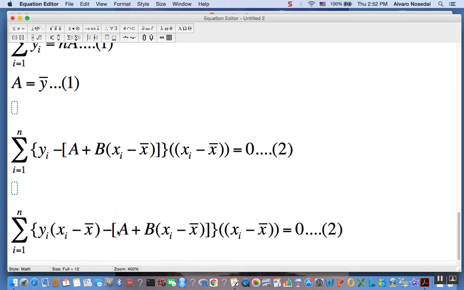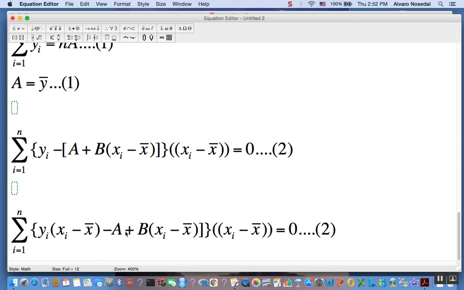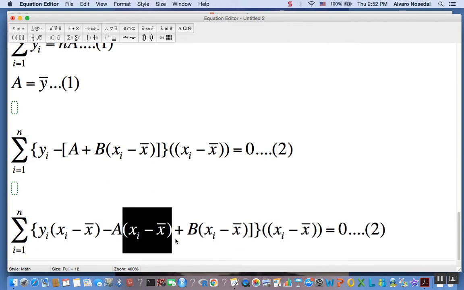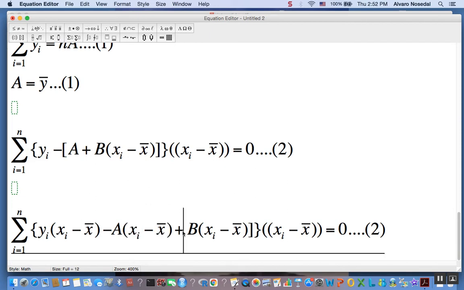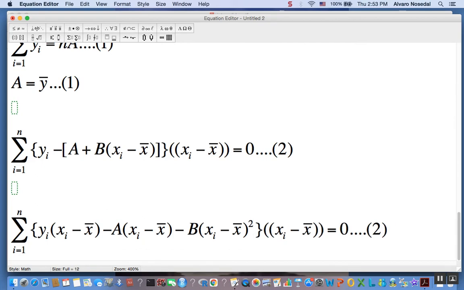Then we're going to have minus a times xi minus x bar, right? And then we're going to have a minus that affects both a and b times xi minus x bar, and this one here is going to be squared. Okay, there we are.